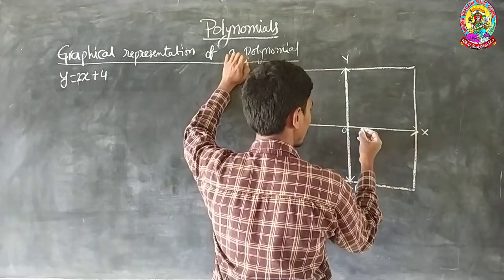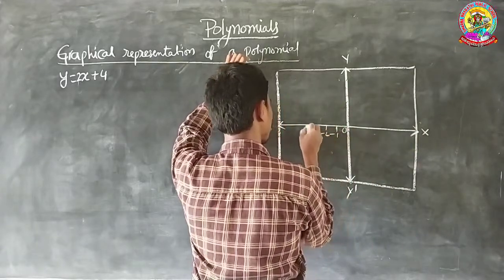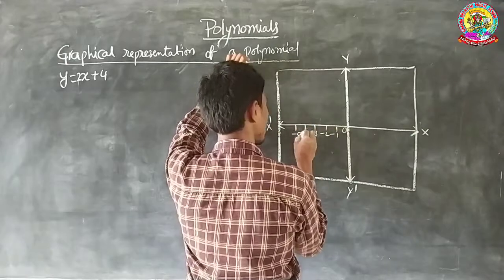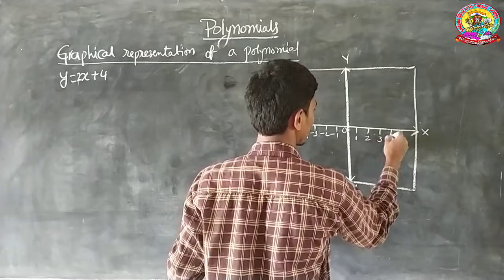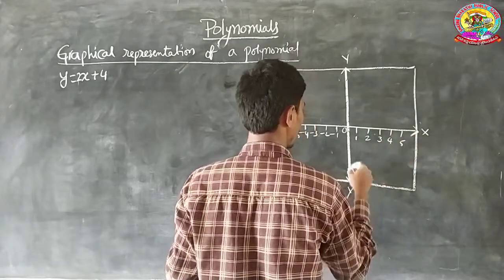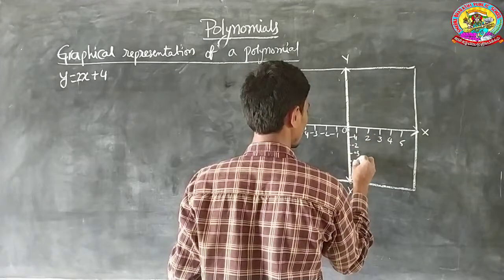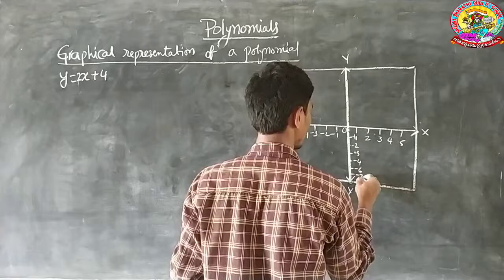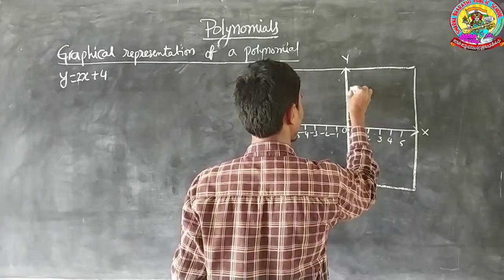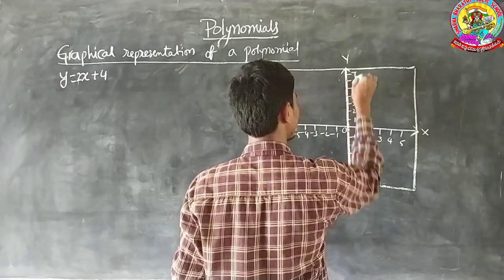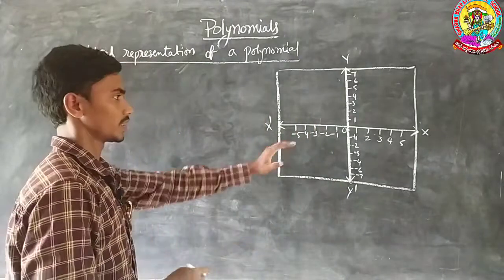The left side has minus numbers, the right side of the x axis is denoted with positive numbers, the downside has negative numbers, and the upside has positive numbers. So the graph sheet is like this.